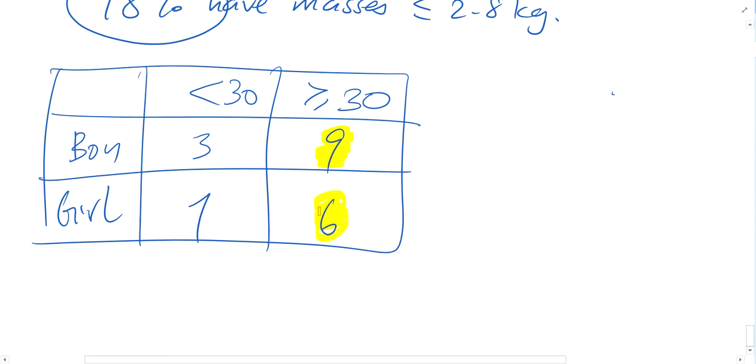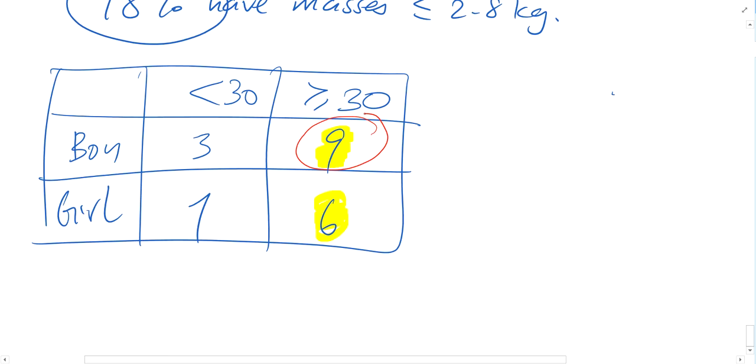Only one can have a baby boy. So it must be this one, and if I select the first woman more than 30 and has a baby boy, then the second woman must be more than 30, have a girl, right? Because you only can have boy or girl, you cannot have anything else.